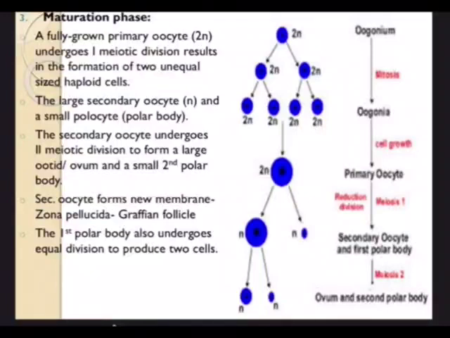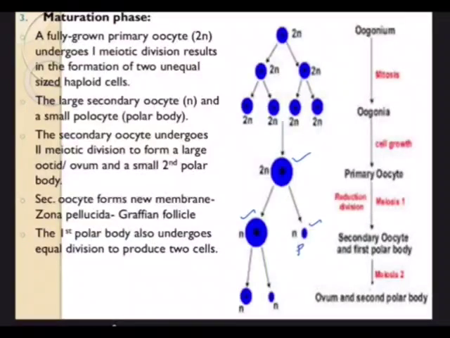That's maturation. A fully grown primary oocyte, this one, undergoes first meiotic division, resulting in the formation of 2 unequal sized cells. Look at this, this is big, this is small. That's why we say unequal sized. The larger one is the secondary oocyte, and the small one is a polar body.